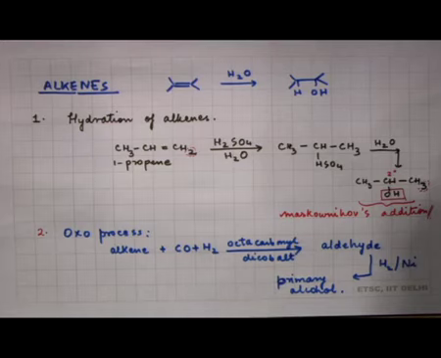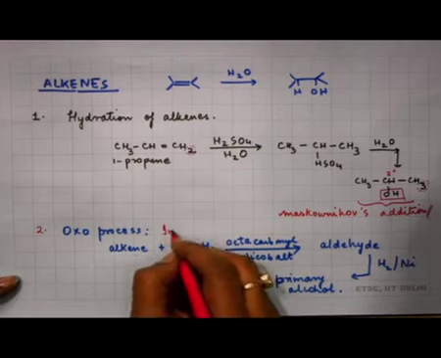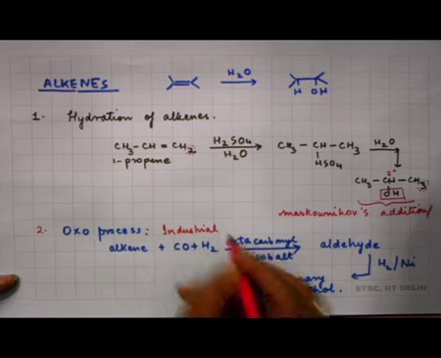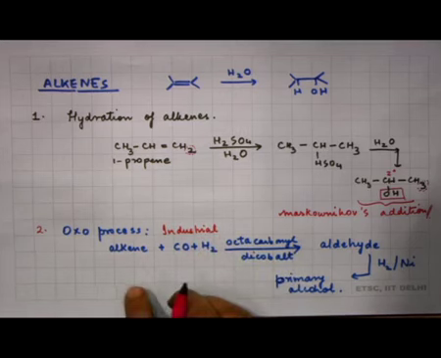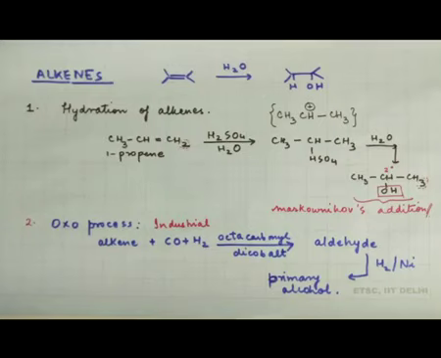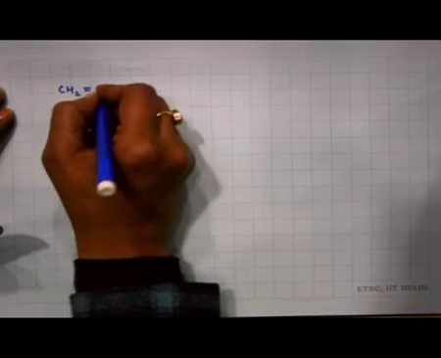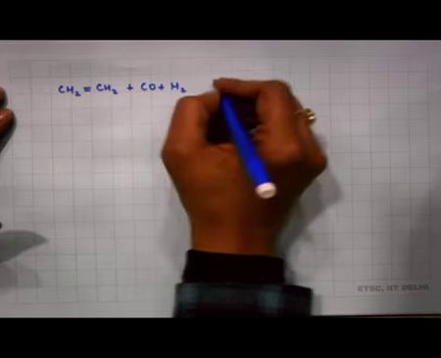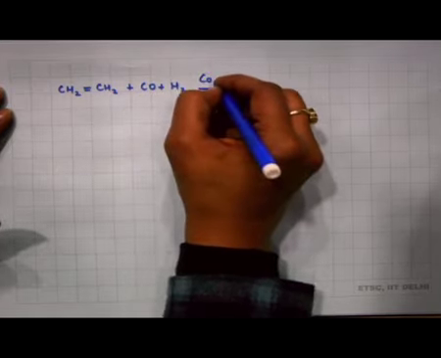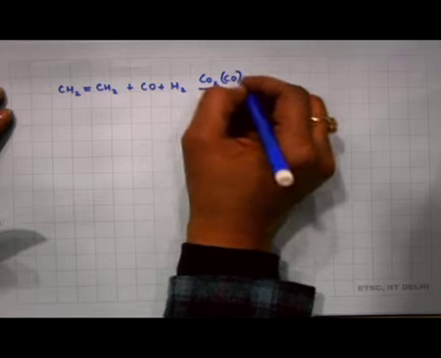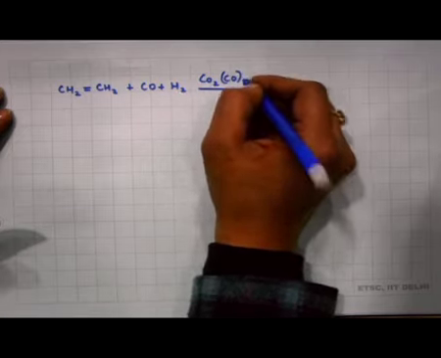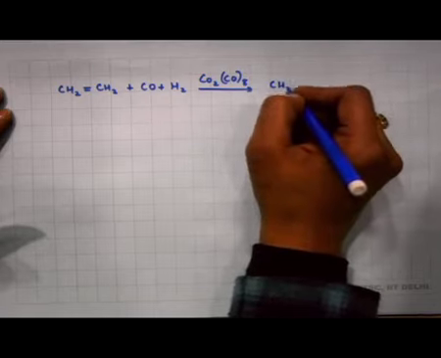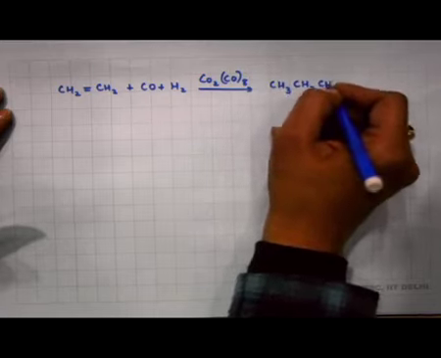So, this oxo process is in fact an industrial process of generating these alcohols, and the important thing about this process, as you would see here, is that it helps in stepping up of the series. So, if we are starting with a 2 carbon system, let us say we are starting with ethene, and we treat it with CO and H2 in the presence of the cobalt catalyst, the dicobalt octacarbonyl, we get an aldehyde which is now a 3 carbon aldehyde.